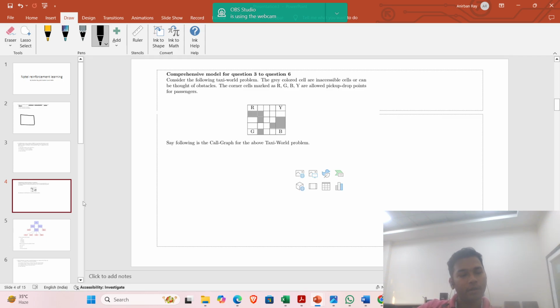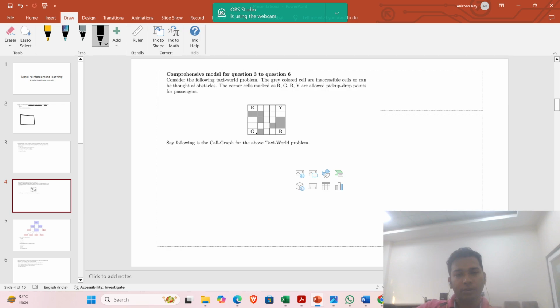The passenger is waiting at only one of these four locations and also will be dropped at only one of these four locations. The dark shaded blocks are where there is an obstacle.